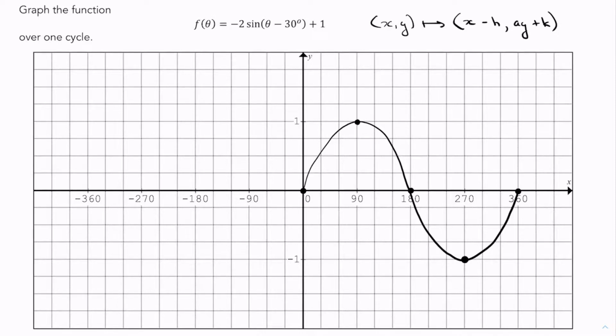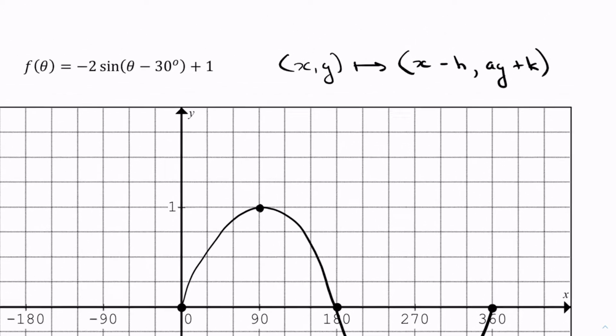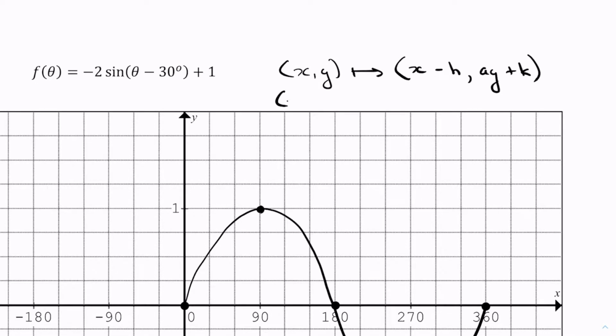Let's put in the details from this question here. We have x comma y is going to be mapped to x minus -30, which is just going to be plus 30. So I'll just save myself the step and do plus 30, comma, -2y plus 1, because we are multiplying by -2 and then adding 1.